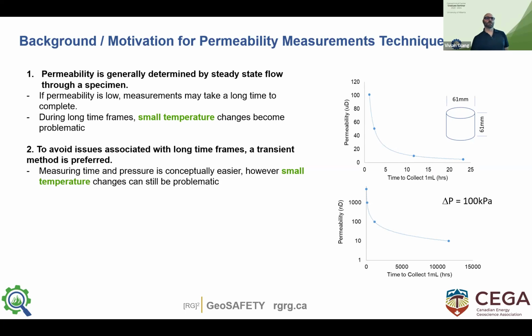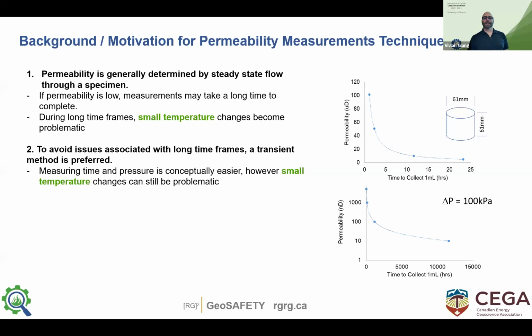So permeability is generally determined by steady state. I talked about this, but if the permeability is low, that measurement time may be quite long. I have some diagrams on the side, with permeability in microdarcy and nanodarcy.